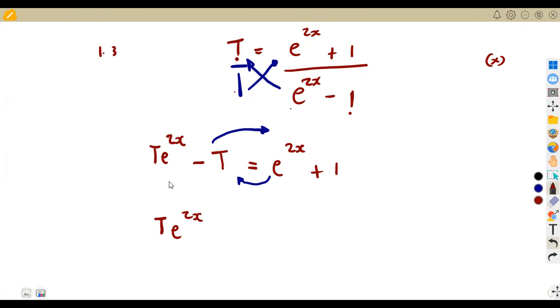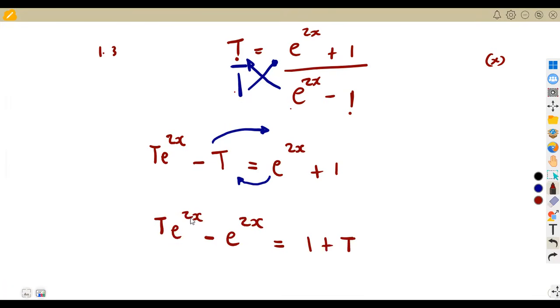If we take the e to the exponent of 2x this side, it becomes minus e to the exponent of 2x, which is equal to, already here, there is a 1. And we transpose the negative T to that side, it becomes a positive T. Now let us consider that we have got e to the exponent of 2x, the one that carries x, because remember, we want to make x the subject.